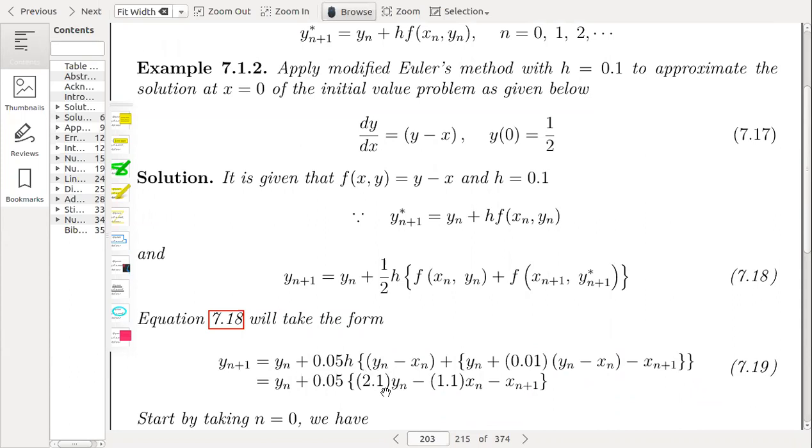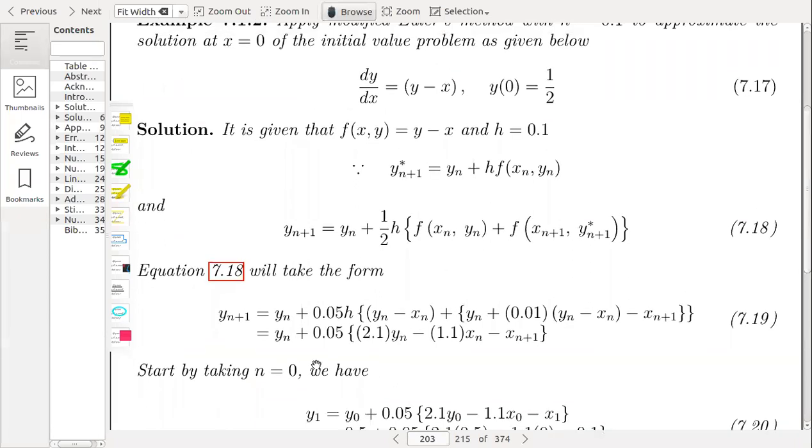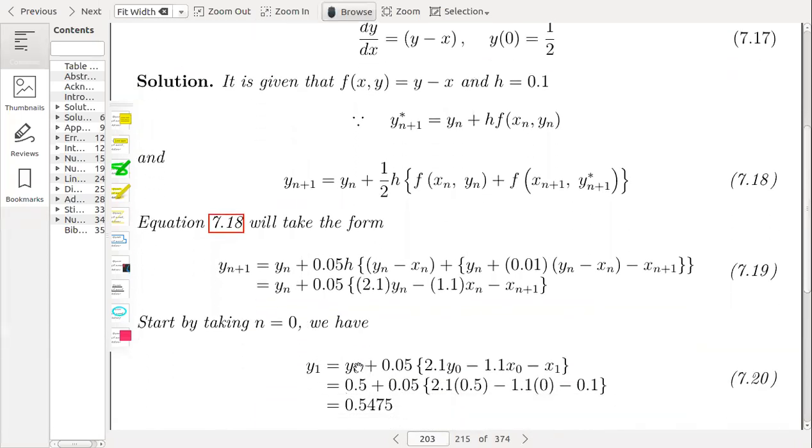So there are some mistakes. So we are correcting these mistakes and will be shown later. So plus yn plus 0.1. So this should be the value of this 1 by 2, here should be 0.5. Okay. So then f of xn yn is yn minus xn.